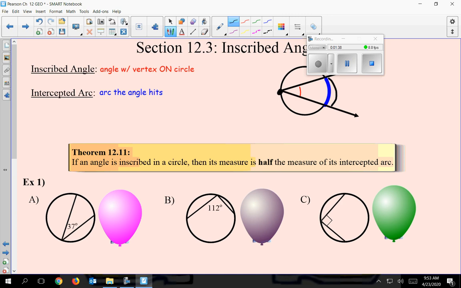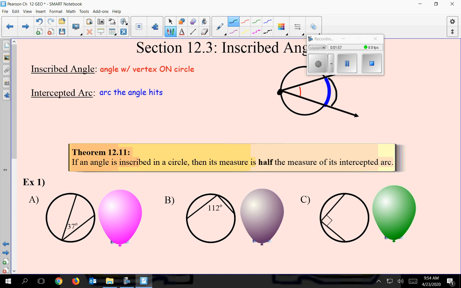So we come down here to this box, theorem 12.11, and it says, if an angle is inscribed in a circle, then its measure is half the measure of its intercepted arc. Let's write that out in math form.